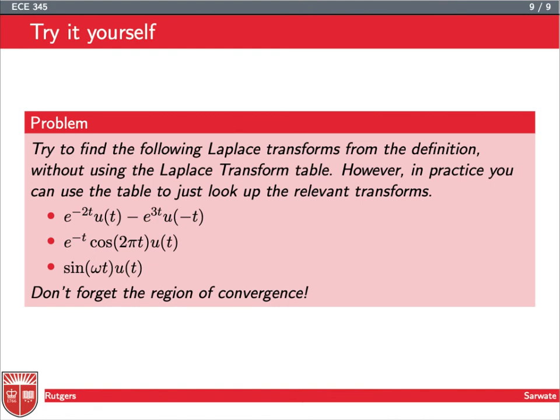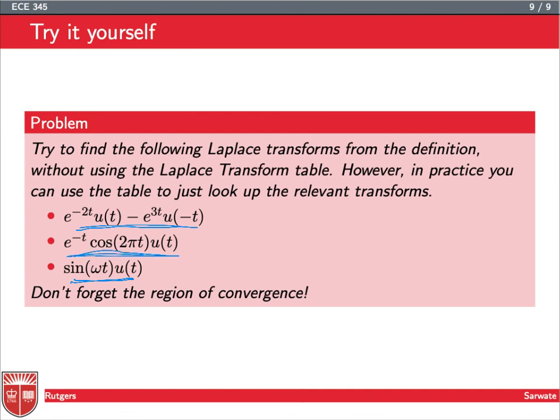Of course, the best way to get some intuition about doing Laplace transforms is to derive a couple of Laplace transforms on your own. So in addition to doing this sine of omega t, you can do the same Eulerization trick as we did before. Try these other ones. So here's one involving 2 exponentials.